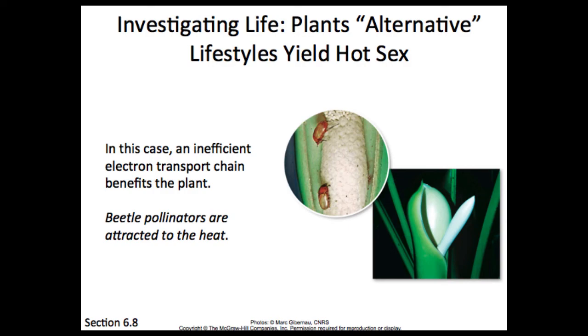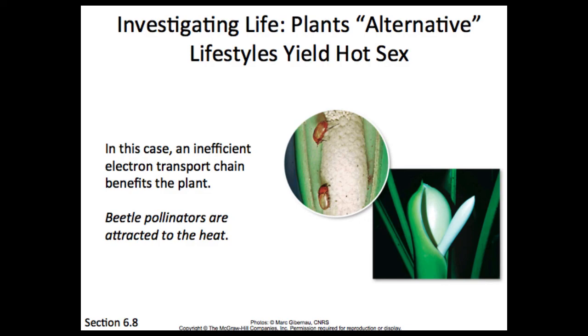In this case, this inefficient electron transport chain actually benefits the plant because these beetle pollinators are attracted to the heat. If the flower did not heat up, the beetles wouldn't come and it wouldn't get pollinated.